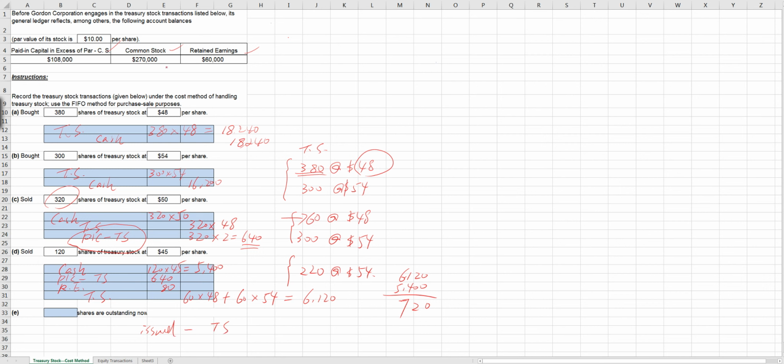So for shares issued, we're going to check the common stock account and par value. We have to issue $27,000 to get that balance, then minus the remaining treasury stock, 220 shares.